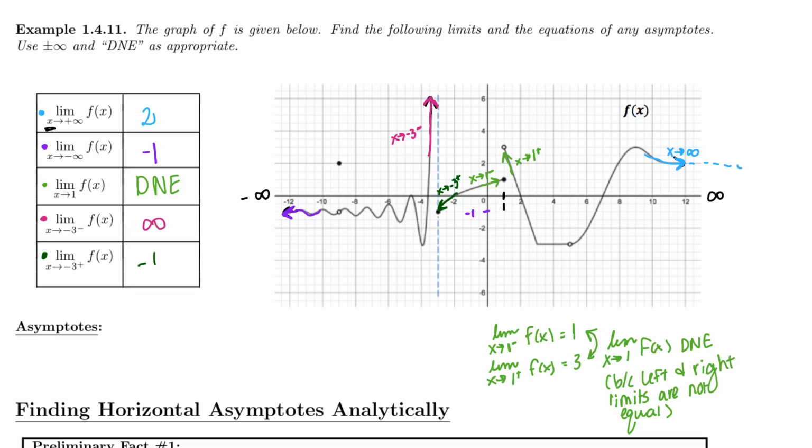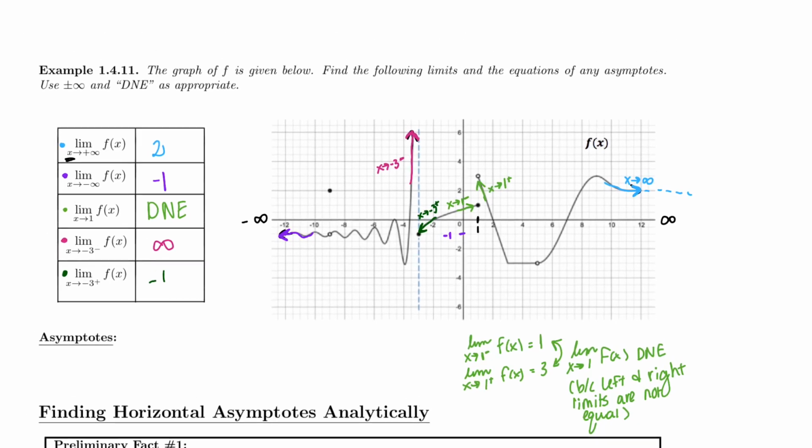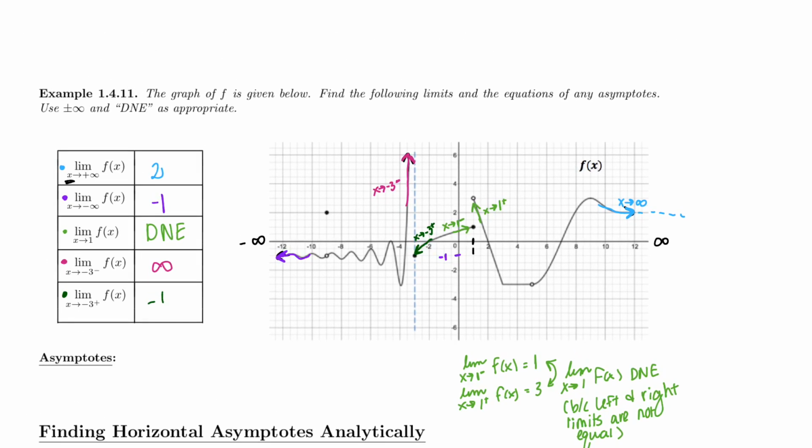So some of this is just kind of review on limits, right? Especially like this guy here and this guy here. But there are a few things we can take away from this. So if you have a limit that equals infinity or negative infinity, you're looking at a vertical asymptote. And I kind of want to summarize this up here.